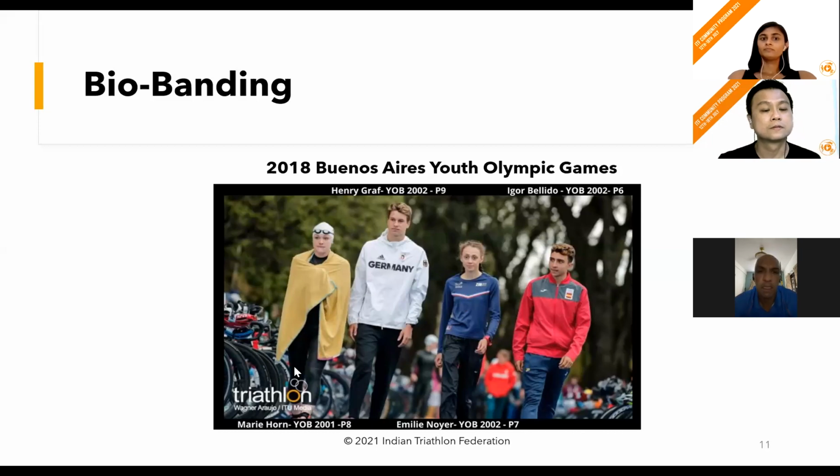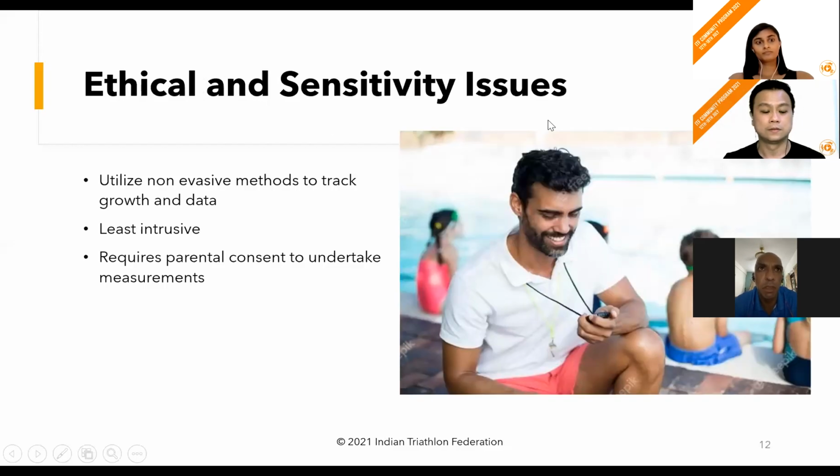So let's discuss a couple of ethical and sensitivity issues that can come up. Obviously, dealing with young adults and with parents, we have to be extra sensitive on the tests we can do.